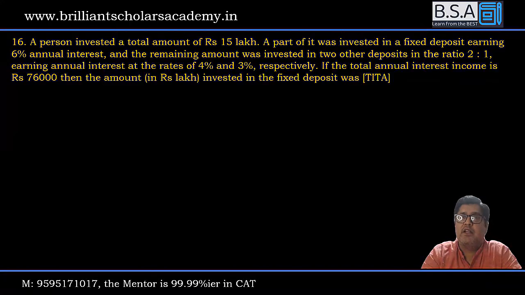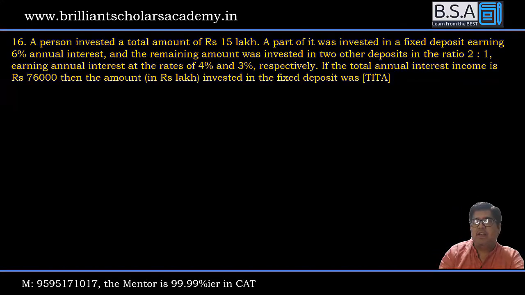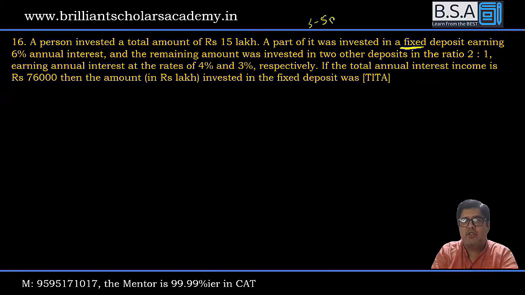If the total annual interest income is 76,000, then the amount in rupees lakhs invested in the fixed deposit was. Fixed deposit means the first investment, the first amount is being asked. So go on, give it a try. Take 3 minutes, 5 minutes.